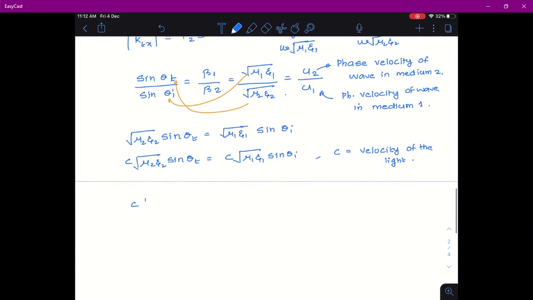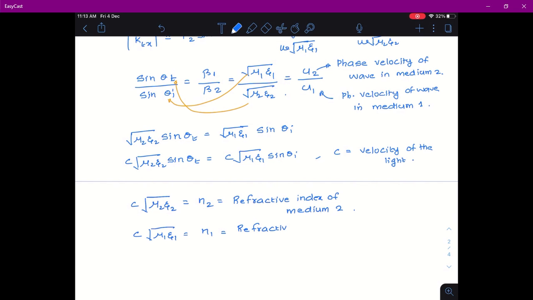The expression c into root over mu 2 epsilon 2 is equal to n2, the refractive index of medium 2. And c into root over mu 1 epsilon 1 is equal to n1, the refractive index of medium 1.